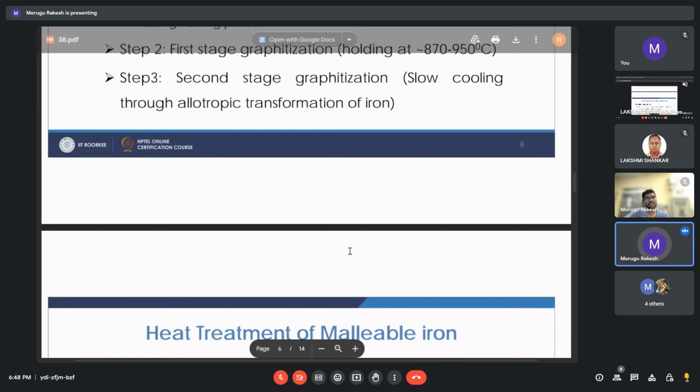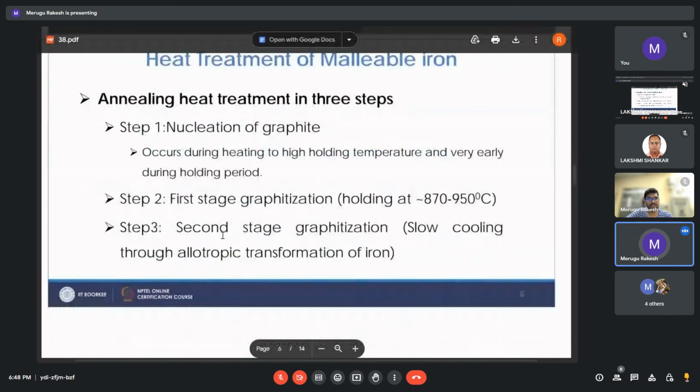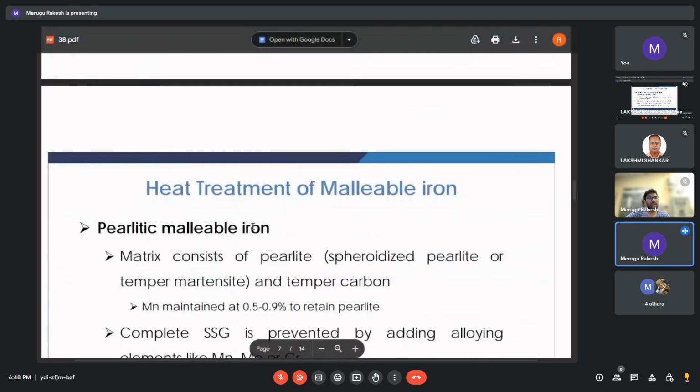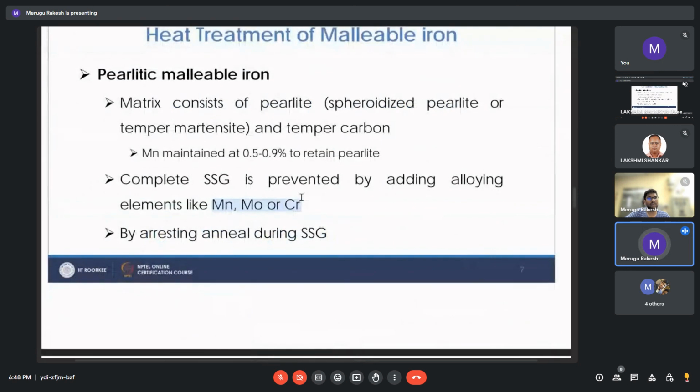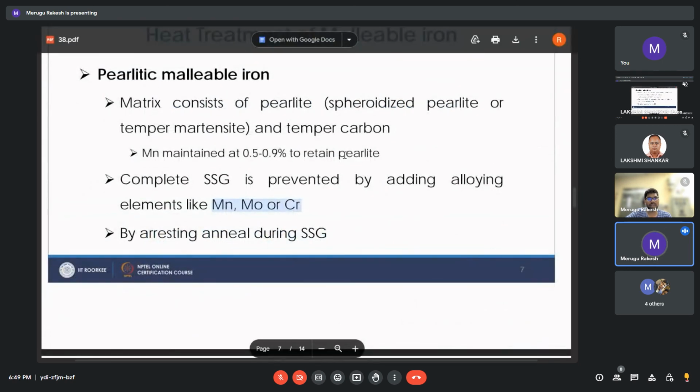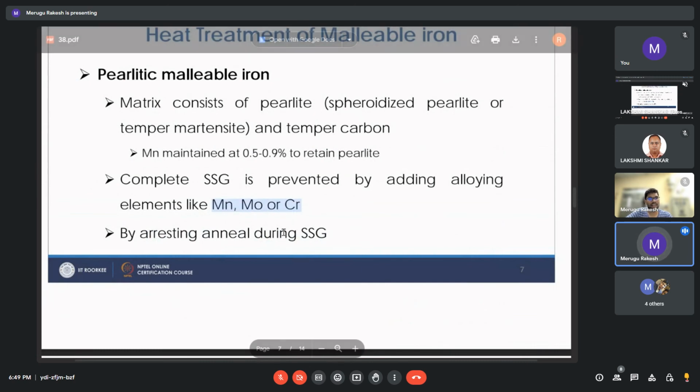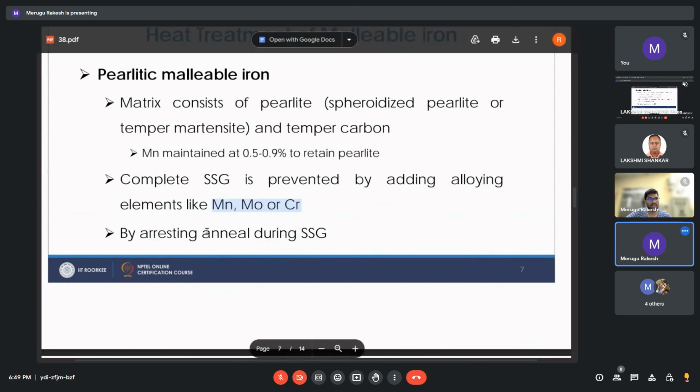In this malleable iron, the second stage also has graphitization, but here we are using these alloying elements to arrest the SSG, so that we retain the pearlitic structure in the malleable iron microstructure.